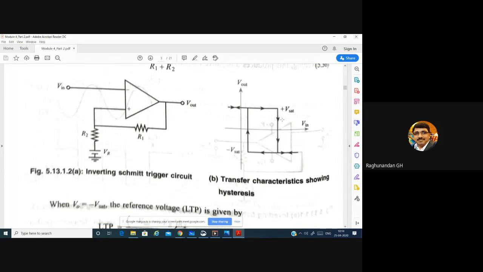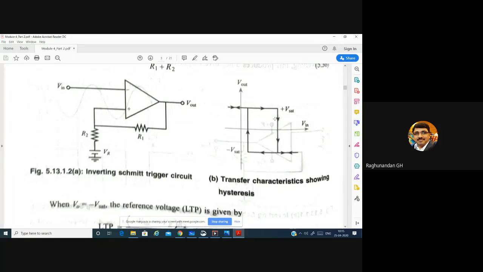After it crosses some particular threshold, it starts going towards the negative and stays in the negative saturation. Again, when your input becomes lesser than the LTP value, this is the UTP value, this is the LTP value, automatically your output again goes to plus V saturation.